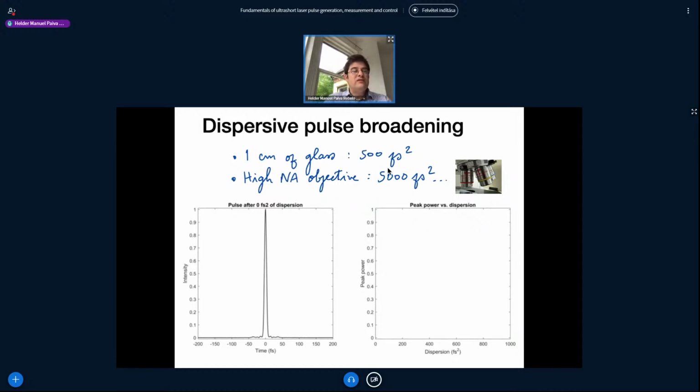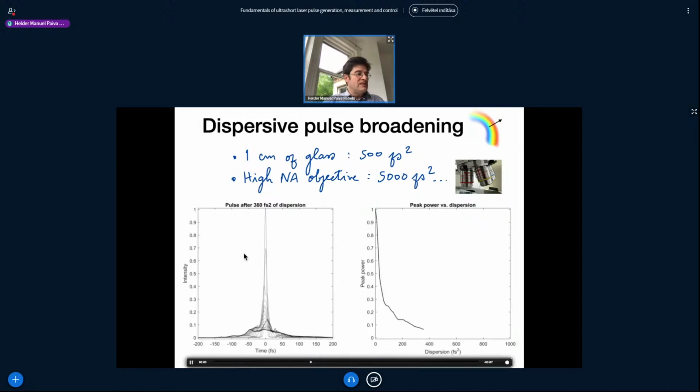A microscope objective is 10 times worse. So I will show you what happens to the pulse after a piece of glass, and you can imagine what the microscope objective will do. It's going to be 10 times worse. So the pulse initially is very short, around 10 femtoseconds, and as it crosses the glass, its peak power diminishes drastically, and the pulse is essentially diluted.